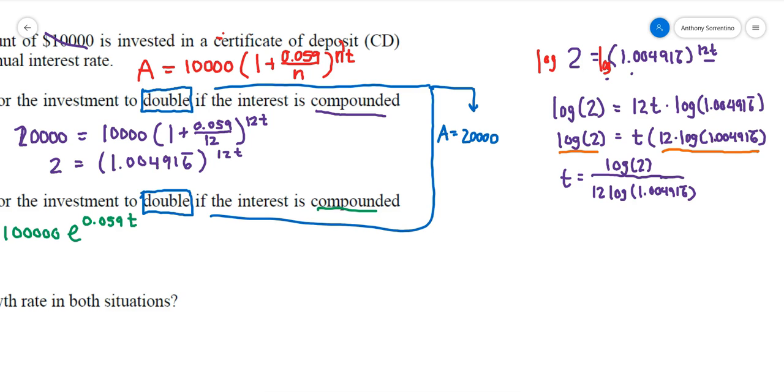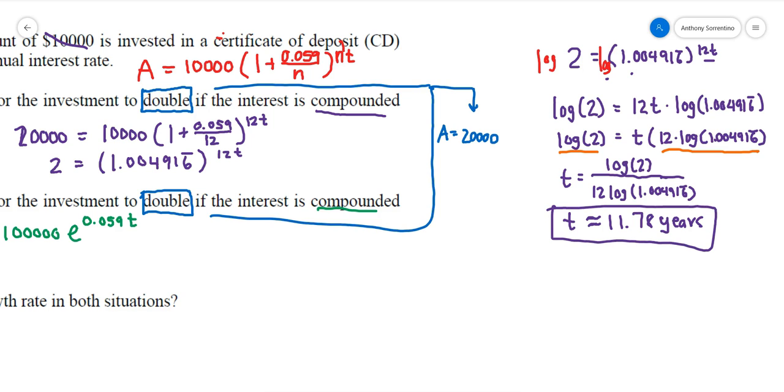And that's what this would be. So now if I put that in my calculator, I'm going to get t equals 11.78 years. And actually, I should technically use a wavy equal sign because it's approximately equal to. So that's the answer I get for this one.